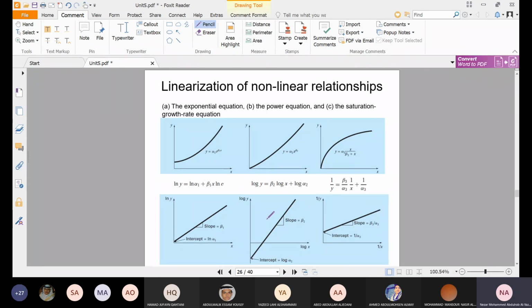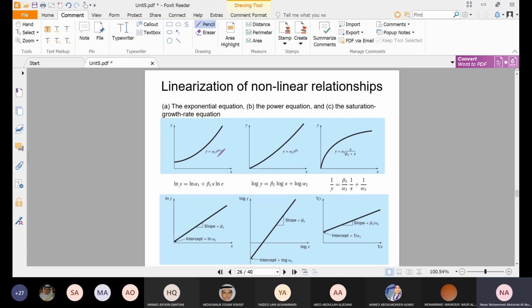But here, to simplify this method, we use techniques to linearize the relation between the input and the output. That means we convert the equation from a nonlinear form to a linear form. So these are some examples of a nonlinear relation between input and output.